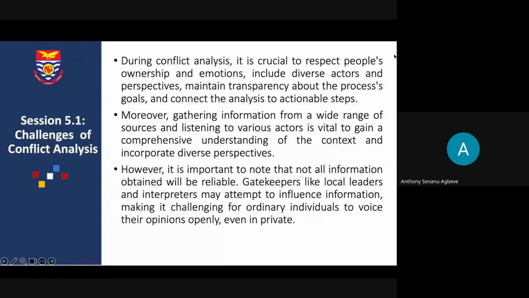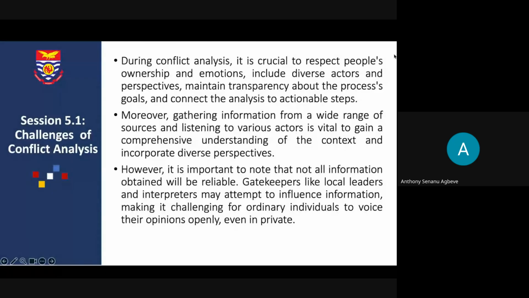For example, when you have gatekeepers, basically these are people who are within the community. Examples of gatekeepers can be community leaders, right? An assemblyman, for example, can be a community leader, can be a gatekeeper. So you go into the community, you first of all need to announce your presence, because if you're an outsider and someone finds you moving around, if you're not careful, you can be harmed, because people might mistake you for someone else, right?